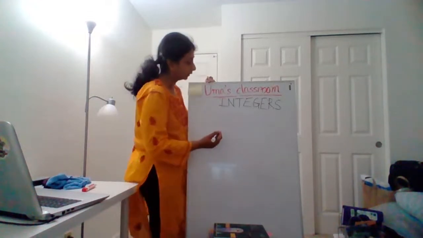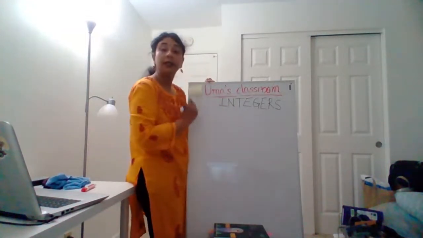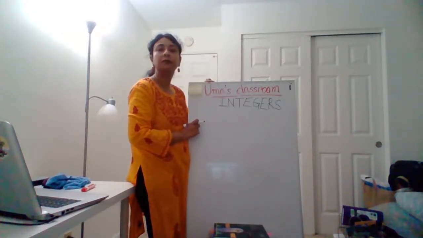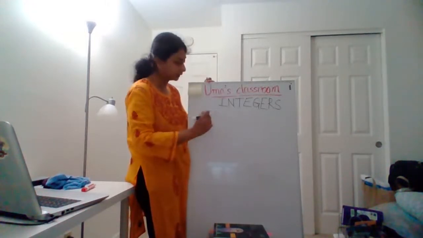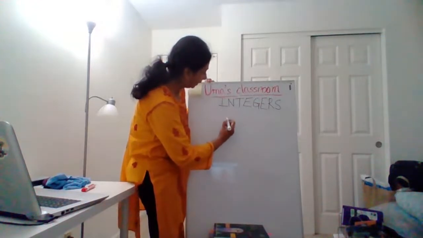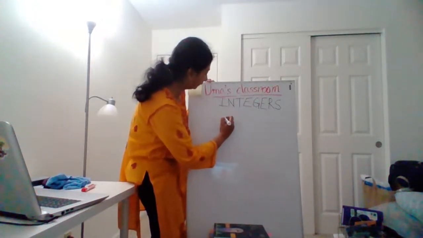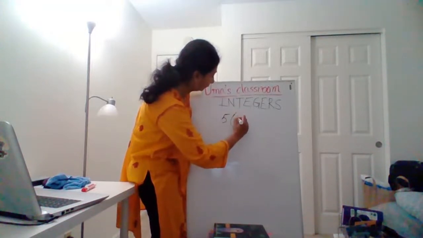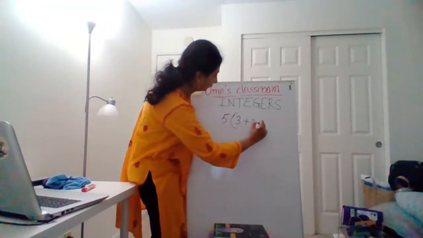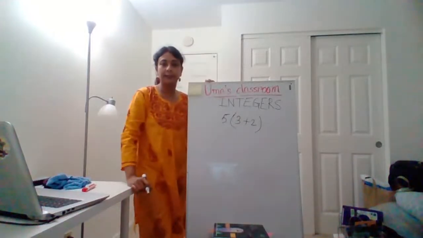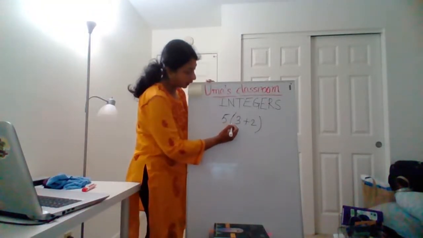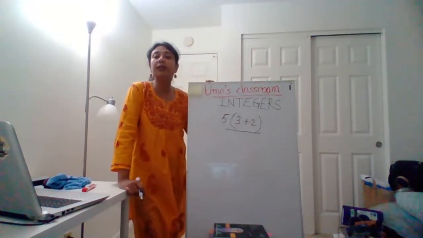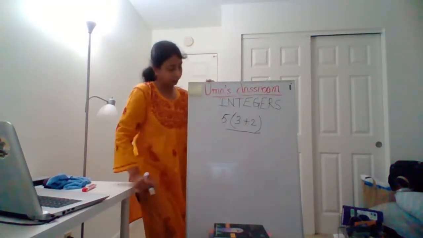Please enjoy the session. So now I'm coming back to distributive property of multiplication of integers. Suppose I have the example like that. Here I have 5 multiplied with, inside the parenthesis, 3 plus 2.